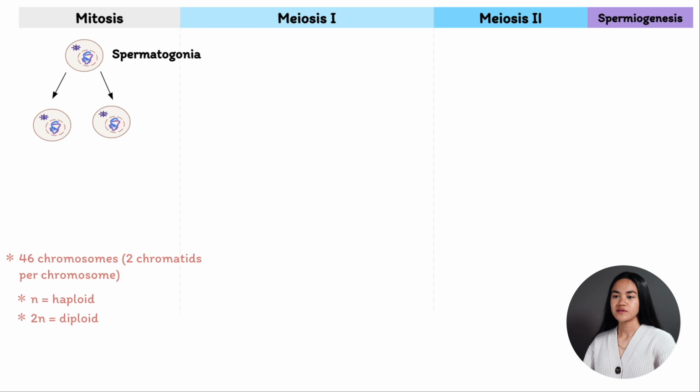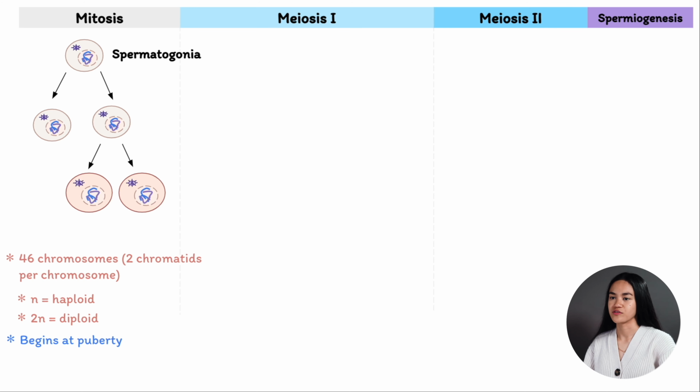Now, let's talk about the timing of mitosis for a second, because mitosis in germ cells differs in males and females. In males, some mitosis occurs in the embryonic testes, but mitosis really begins at puberty. The cells from the final mitotic division are called primary spermatocytes.